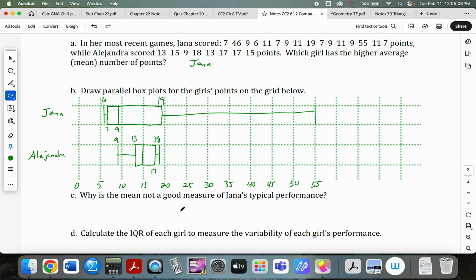All right, why is the mean not a good measure of Jana's typical performance? Outliers. Jana's scores have some high outliers that increase her mean.